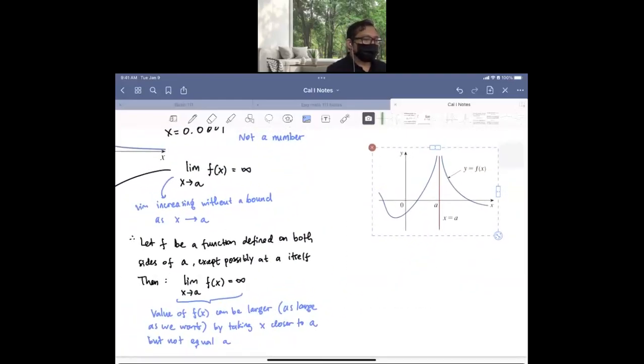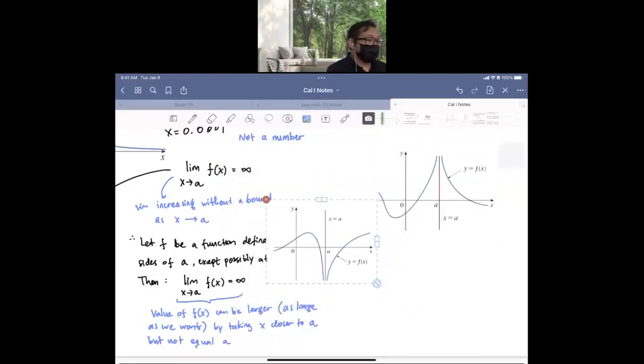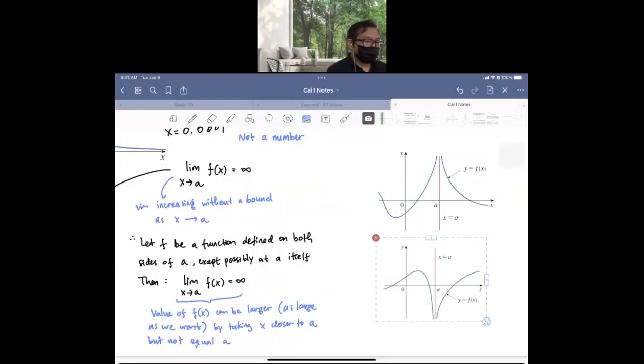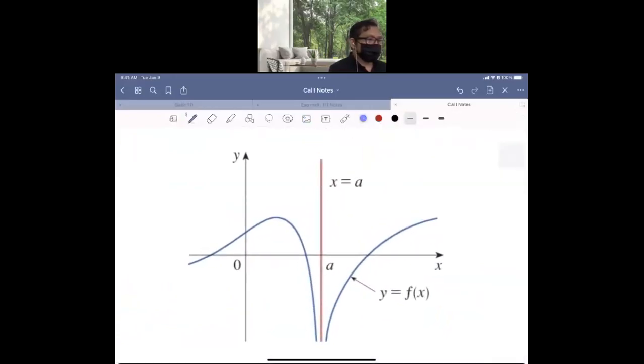Another way to describe this infinite limit, of course, is if we have negative infinity, it can also happen. So when we have the function here, when we try getting closer to x equals a from the right, from the left, it's getting negatively large, okay?